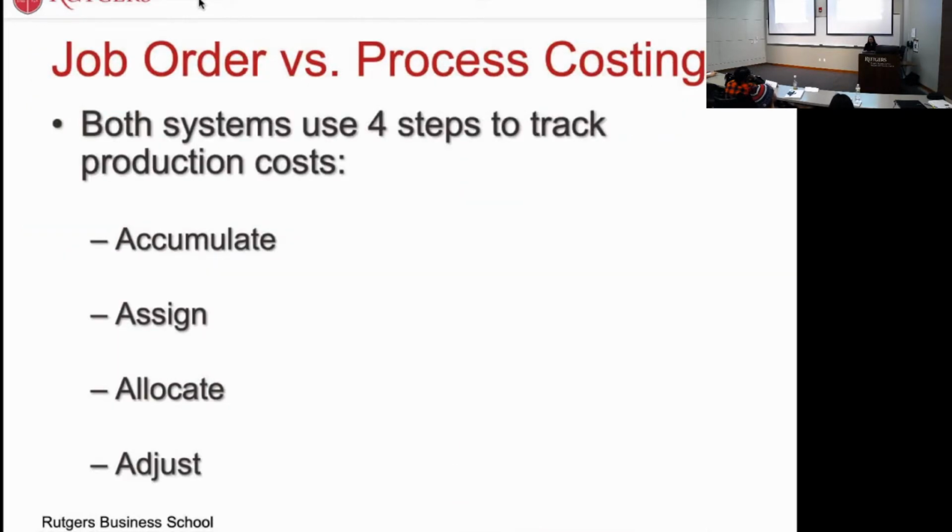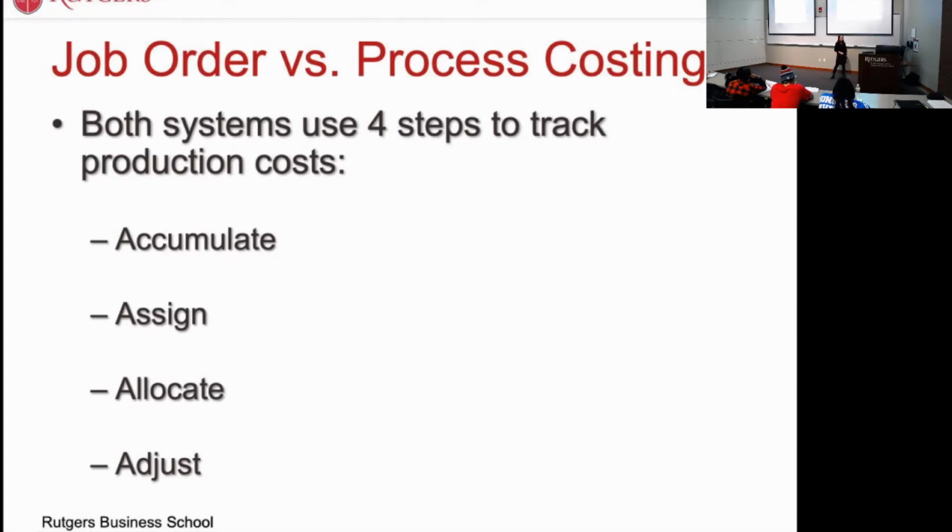Okay. So now that we differentiated between the two cost accounting systems, I'm going to introduce the 4 steps that both cost accounting systems use to accumulate and track production costs. Let's come back to the manufacturing firm. I will first give you a holistic view of what the 4 steps are, and then we will understand them through some examples.